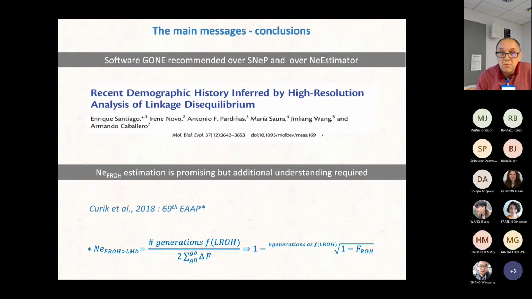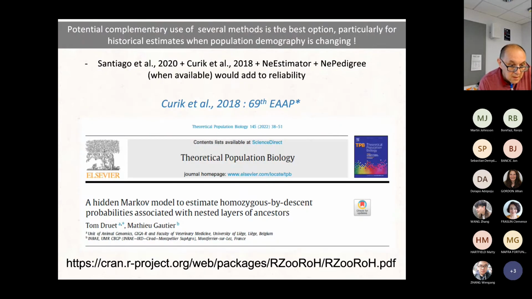For example, when we are averaging segments higher than 5 megabases, I think we should include the whole distribution of all segments, those expectations, in a more complex way. In general, I think that estimates should be done with more parameters in the future.